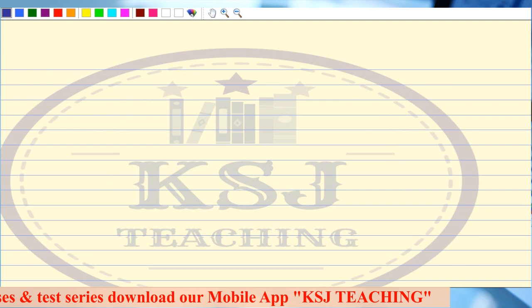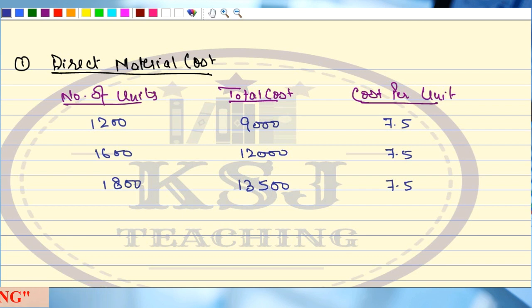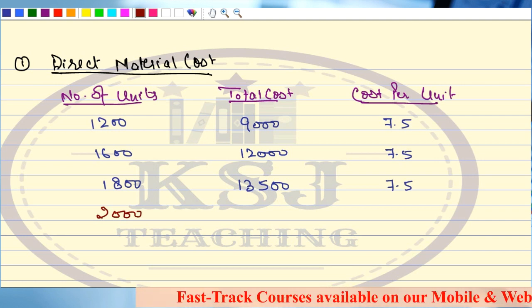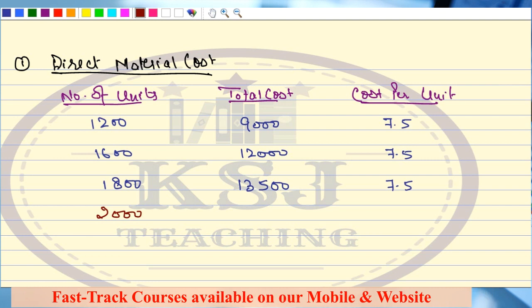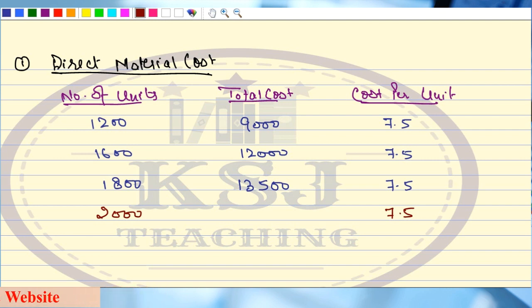Now I have to find out the cost at 2000 units. So if this cost per unit remains constant, I will take 7.5 here. Any doubts? The cost per unit will remain same even at 2000 units.